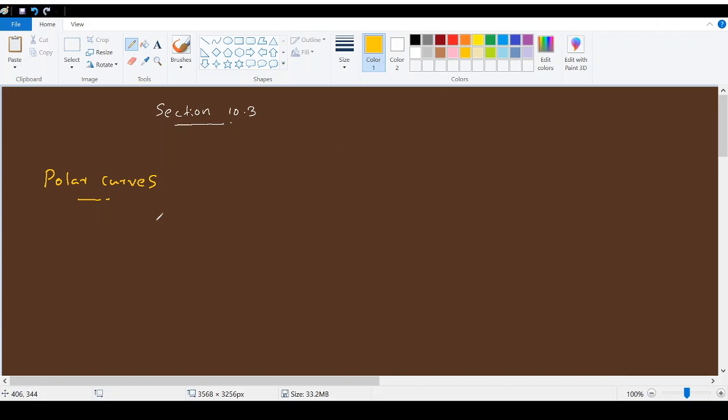Now we are moving on to a very important part of this section, and that is called polar curves. Here our main intention is to plot the corresponding relationship, right? And there is a crucial thing that you should realize when it comes to polar curves.